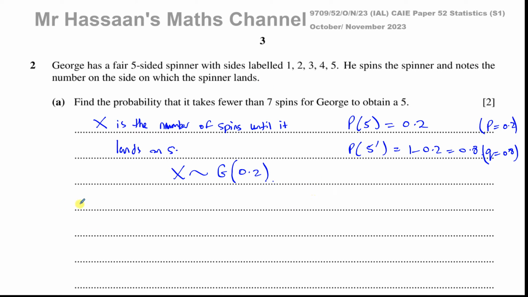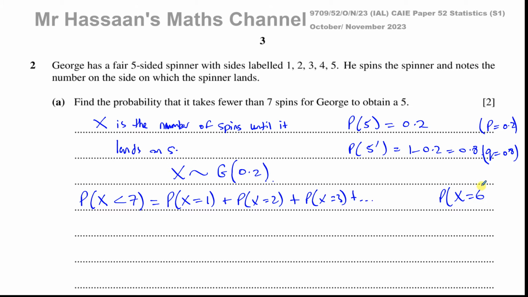So here we have to find the probability that x is less than 7, that the number of spins required is less than 7. Which would mean we have to find the probability of x equal to 1 plus x equals 2 plus x equals 3 plus all the way to the probability that x is equal to 6.